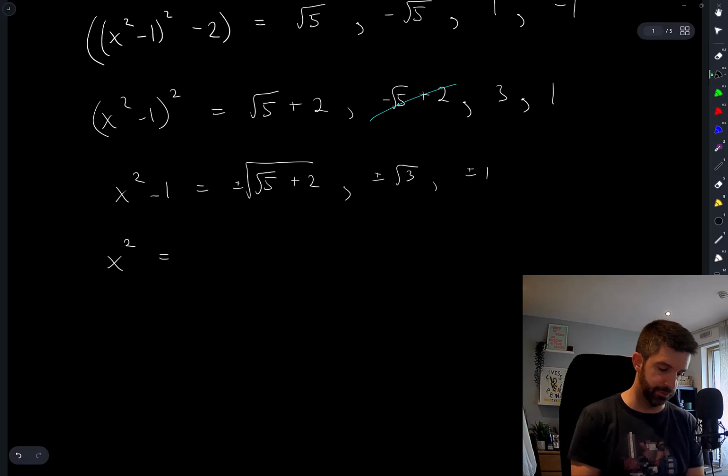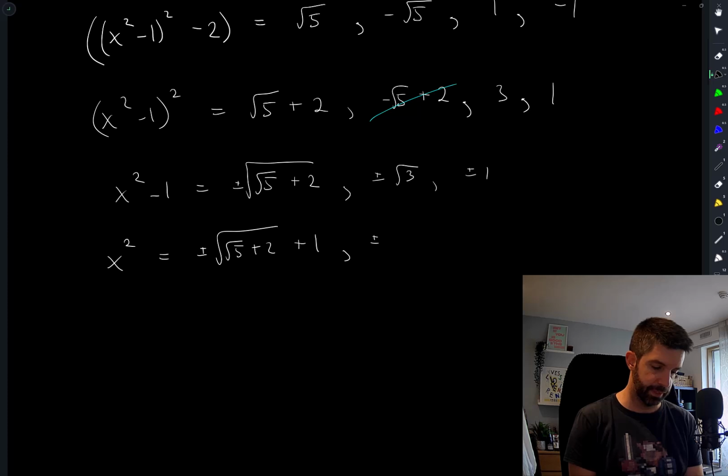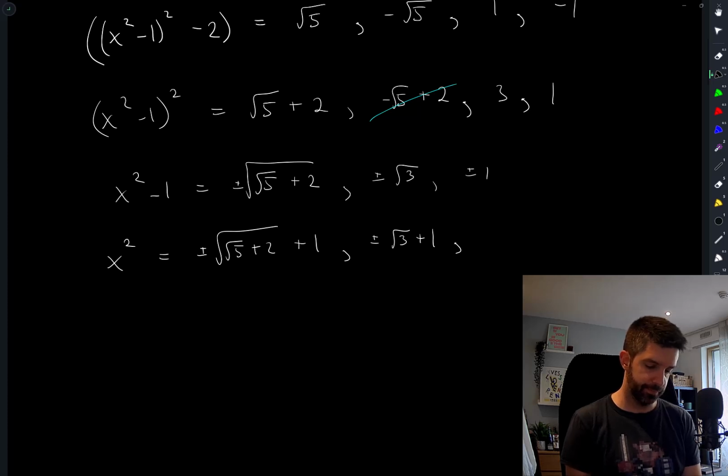I'll keep them in a list of 3. So I have plus or minus the square root of root 5 plus 2, plus 1. I have plus or minus root 3 plus 1. And I have one plus or minus 1.